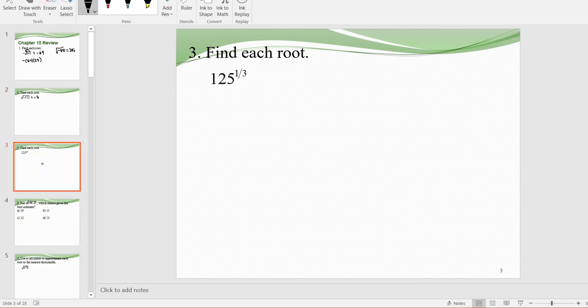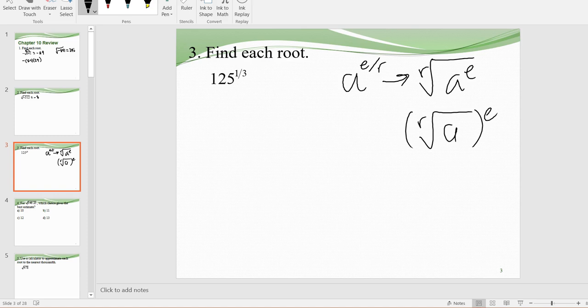125 to the 1/3. Our notes had something like a to the e over r, and that's the same thing as the rth root of a to the e, or we said that exponent could be on the outside.